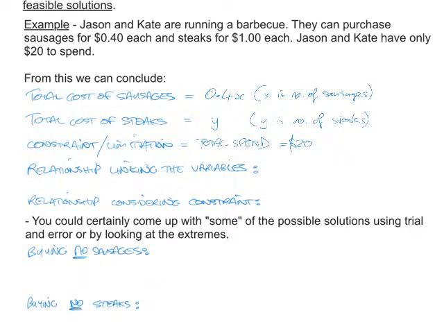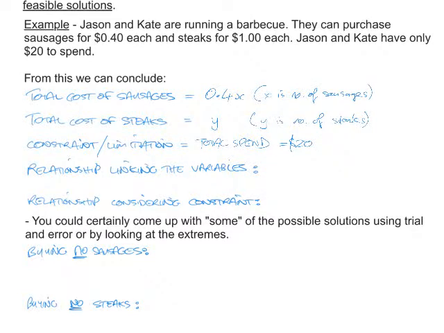Right now we haven't dealt with whether they're allowed to spend less than that. It's probably a given because they only have $20. They can spend a bit less than that, but we'll deal with that as if they had to spend exactly $20 for now.